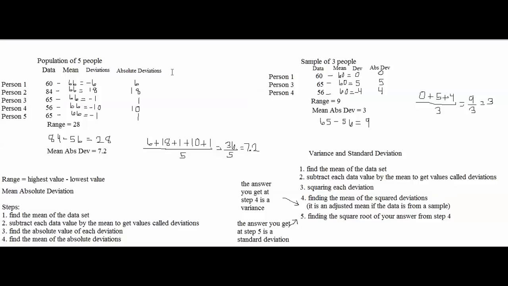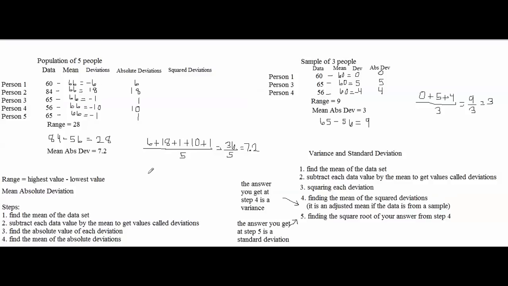We need to make a new column of squared deviations. We're going to square each of these deviations. What that means is we're just going to multiply each deviation by itself.